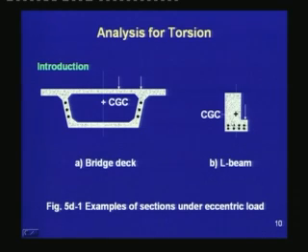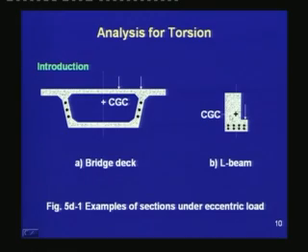For an L-beam, if it supports floor joists or precast slabs on one side, then the load is also eccentric to the centroidal axis. These sections are subjected to equilibrium torsion.